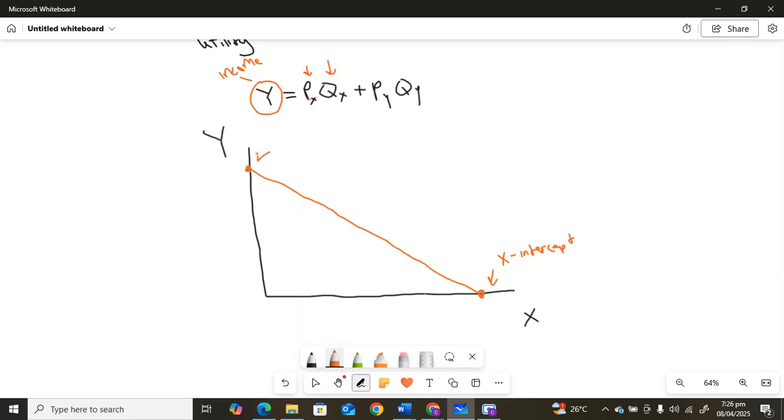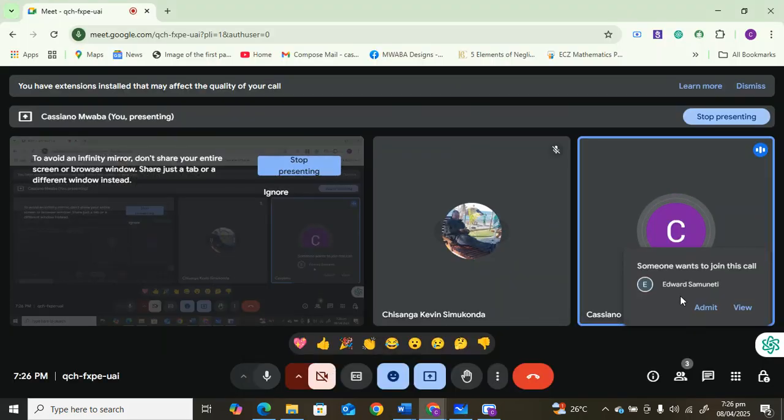Here, we have our y-intercept. Now I'll explain what both mean. And the slope of the budget constraint line is negative Px over Py. Okay, so I'll explain all those terms.